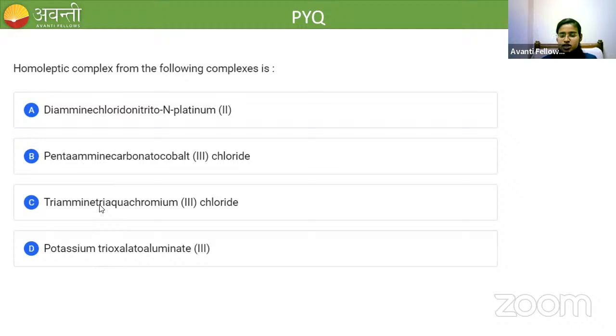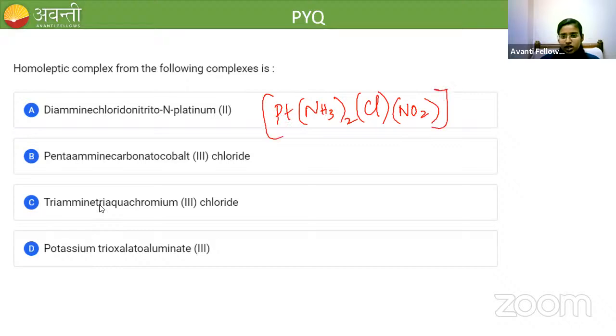Okay. So now you can understand the difference between homoleptic and heteroleptic, right? Similar type of ligand means it is homoleptic. And if two or more types of ligands are there, it is heteroleptic. Okay. So which among the following is the homoleptic complex? So here we have diamine, NH3 two times, diamine chlorido and nitrito, NO2 is nitrito N, platinum complex. Okay. So here we have three types of ligands.